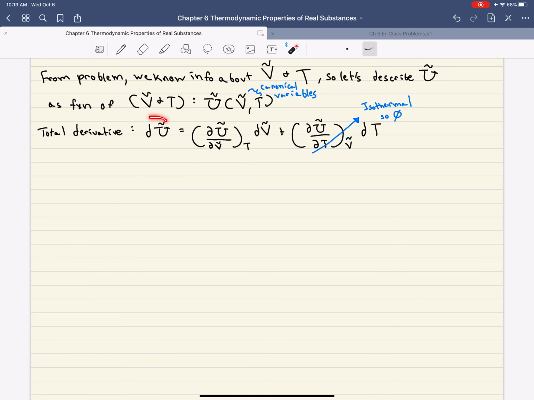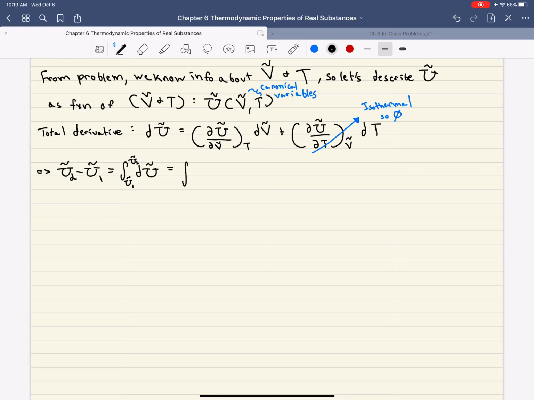And so if we wanted to figure out the difference, or delta U, so U2 minus U1, all we would have to do is integrate our total derivative from state 1 to state 2. Right?